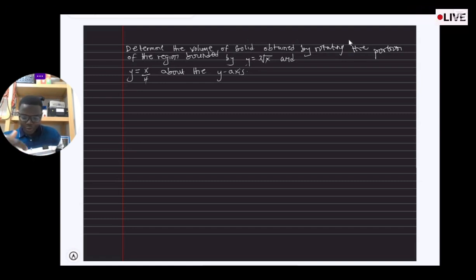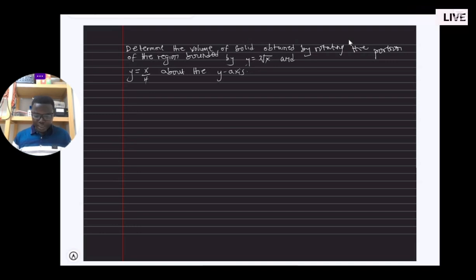Also, in the previous question we were given the limits of integration, but for this part we have not been given the limits of integration. So you have to go through the process that I showed you in my previous tutorial to get the limits of integration. That will be your limit of integration, over which you integrate to get a volume of revolution.